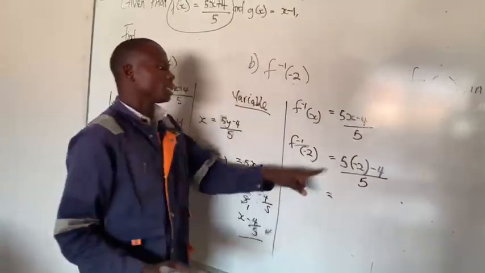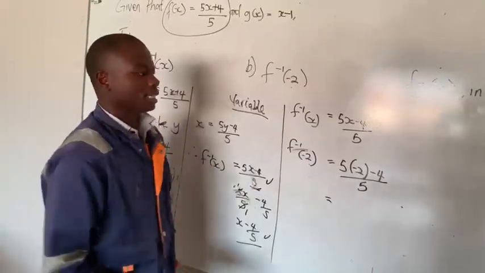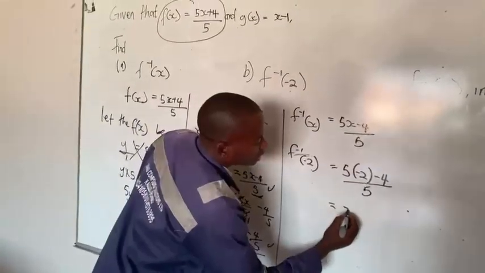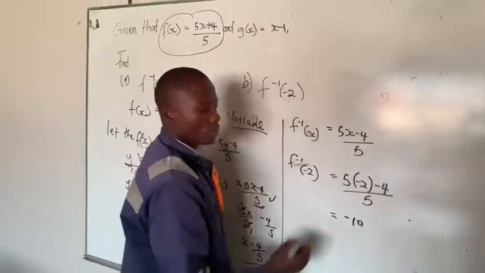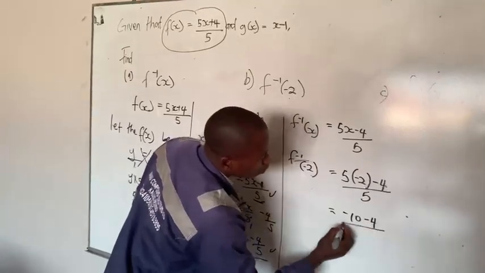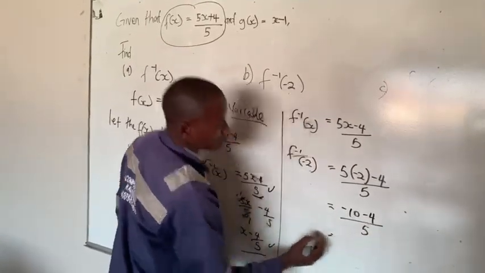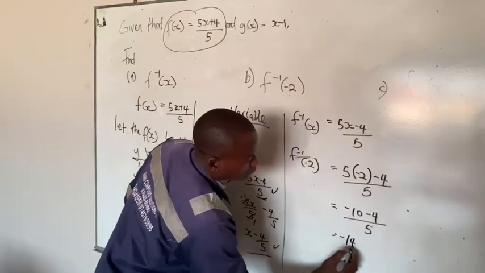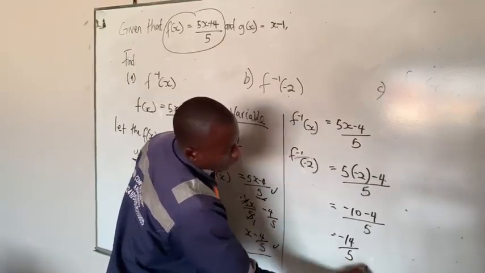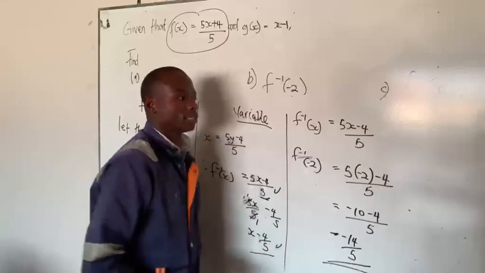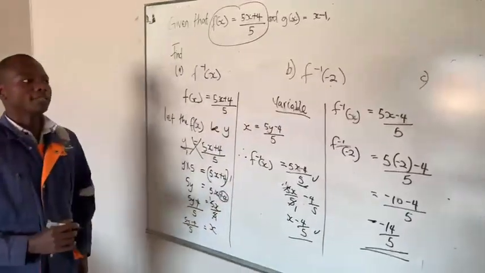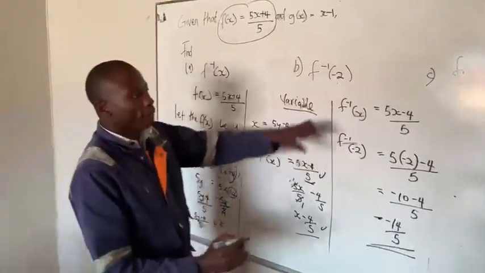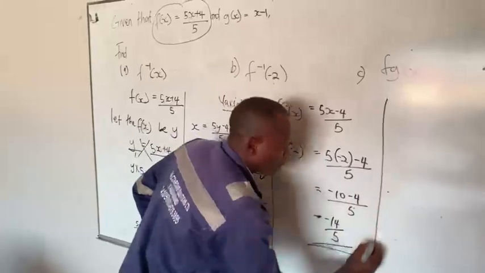This means that I will have 5 times negative 2, I will get negative 10 minus 4 over 5. This means that here I will get negative 14 over 5 as the answer.